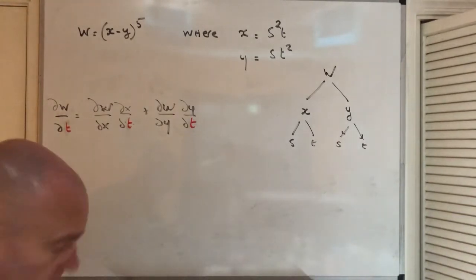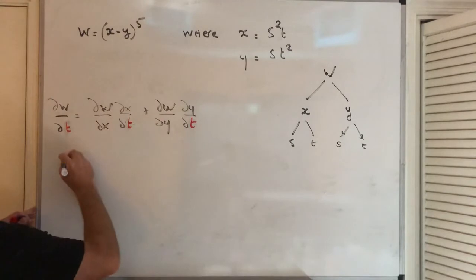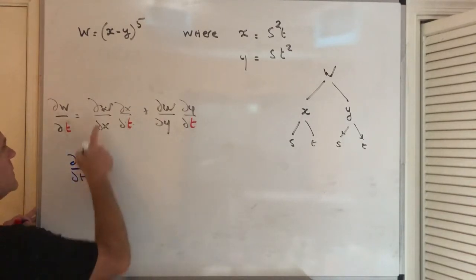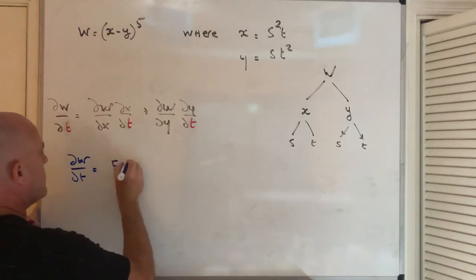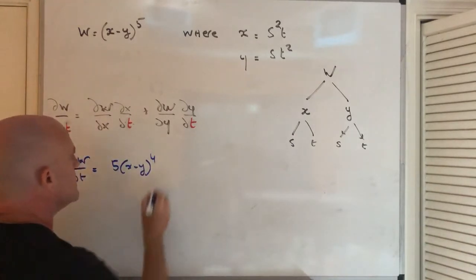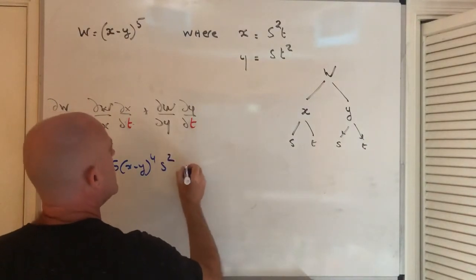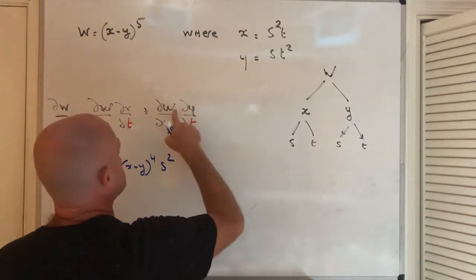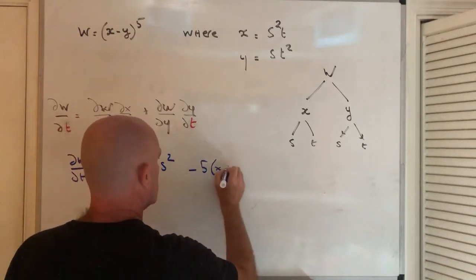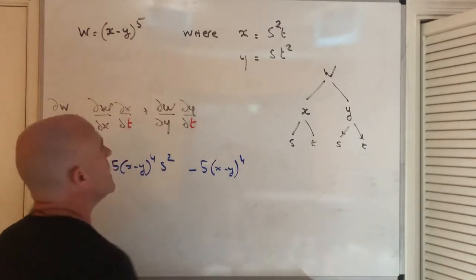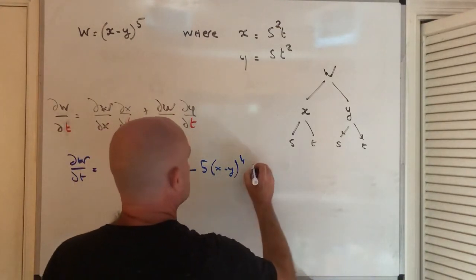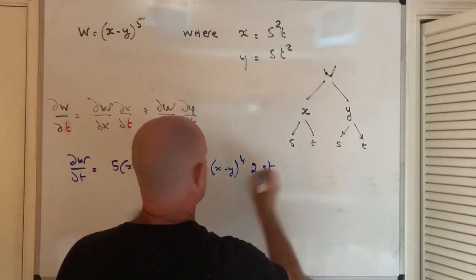We're going to have dw over dt equal dw over dx, which we already have computed in the past, dx over dt, and that's s squared. Now plus dw over dy, we remember that it's minus 5xy to the power 4 times dy over dt, dy over dt is 2 times st again.